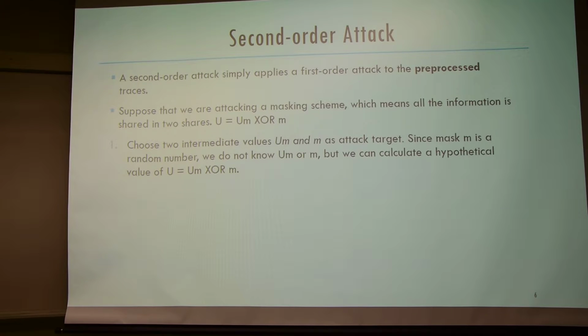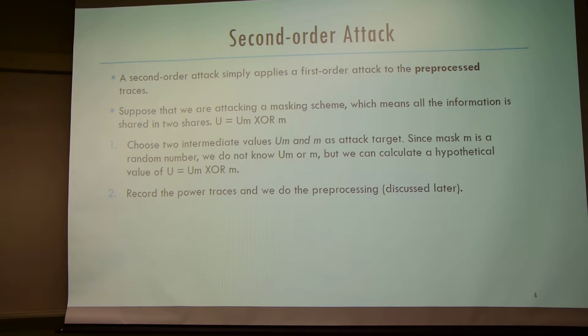So the attacker just chooses 2 intermediate values UM and M as attack targets. Since mask M is a random number, we do not know either UM or M, but we can predict the value of U, because after we guess 1 key, we can predict the value of U, which is equal to UM XOR M. But U doesn't appear in the implementation at all. Okay?